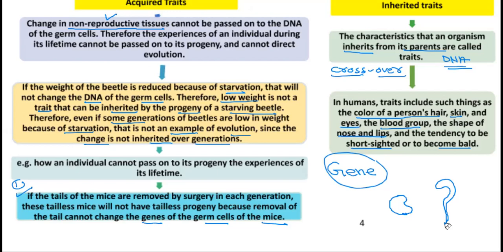So these types of diseases are expressed only in the homozygous condition, although it is hereditary. So that will be an inherited trait. The heterozygote or carrier shows signs of mild anemia, while the pure homozygous individual will show the whole disease.